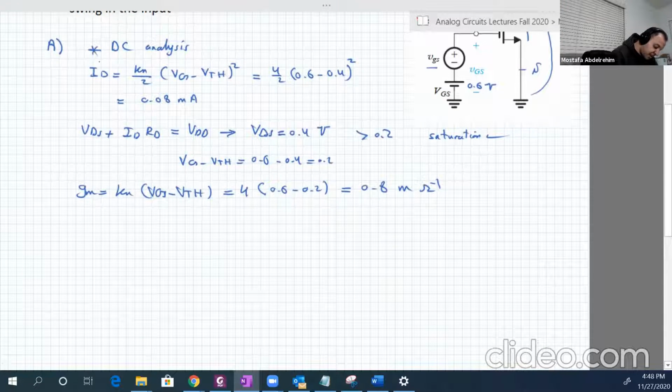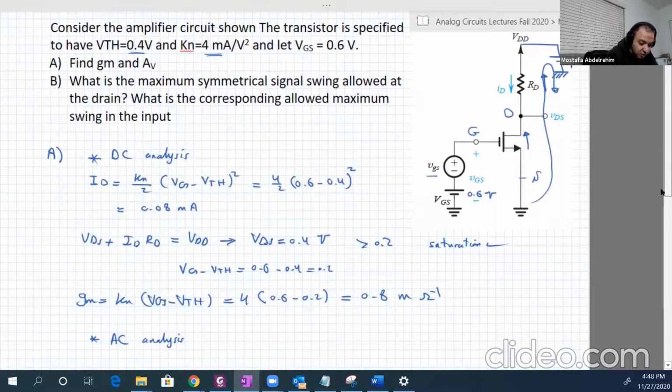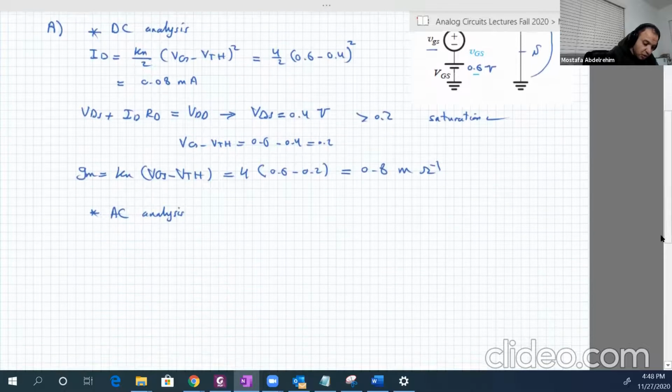Then we go to the AC analysis, and find all the parameters of AC. So in AC, we're going to cancel all the DC sources. It's two sources, VDD and VGS. So we'll end up with that circuit here.